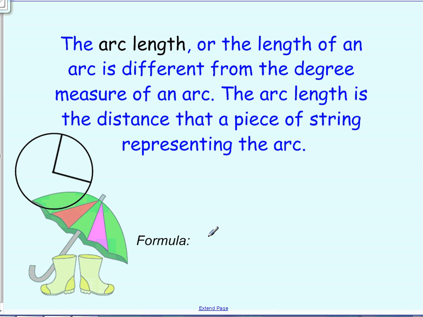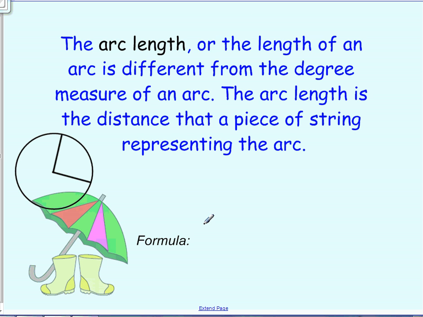And the formula for arc length is the measurement of arc AB. So here, I'll write it down for you.